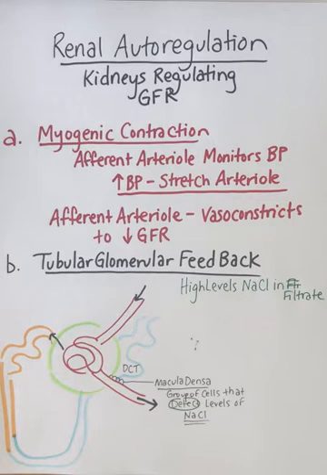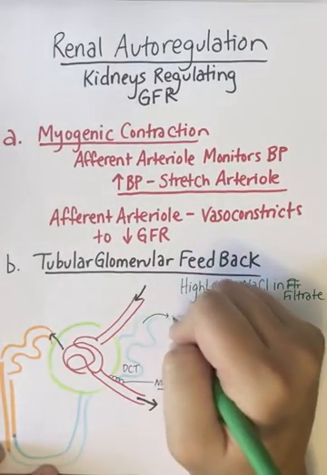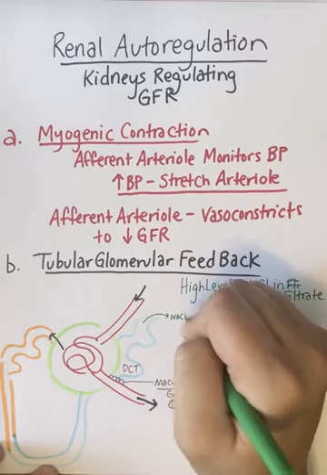So that means that we're super dehydrated if we have high levels of sodium chloride. So we need to decrease our GFR because GFR is going to produce urine. If you have high levels of sodium chloride, man, your urine is concentrated. So your filtrate is going to have sodium chloride in it. So sodium chloride is going to be urinated out.